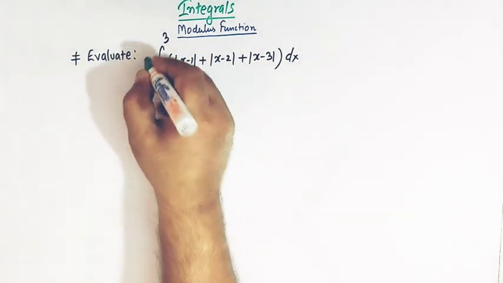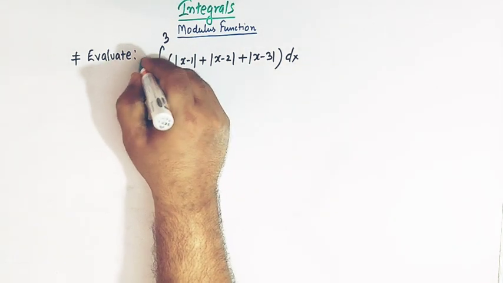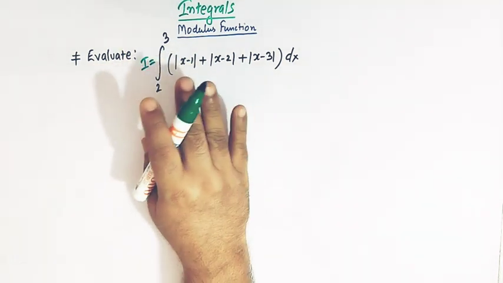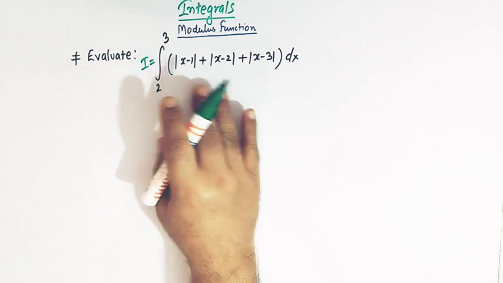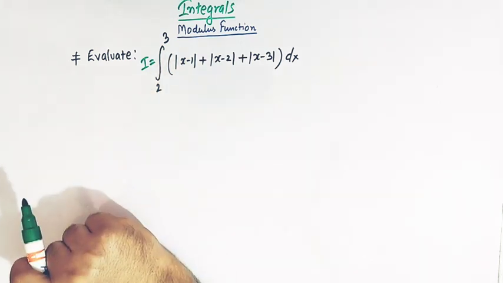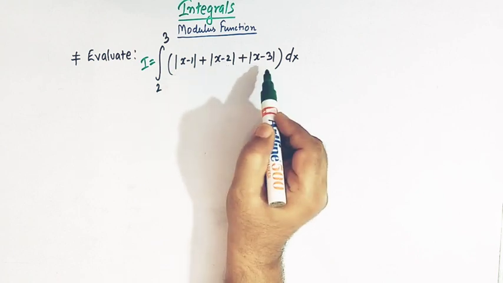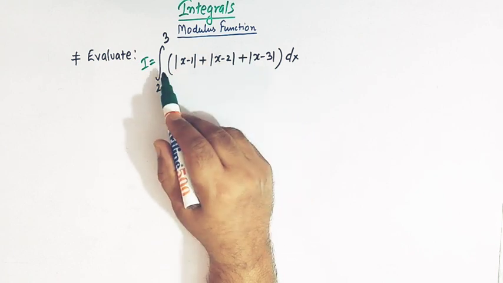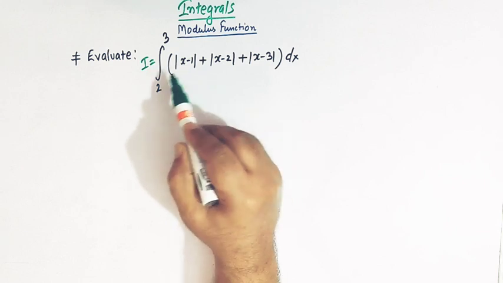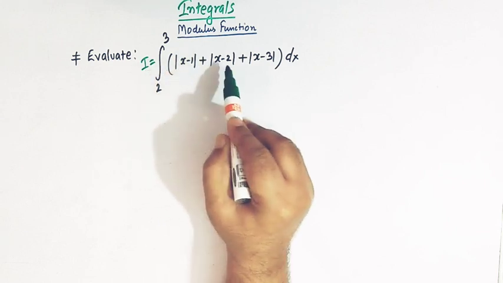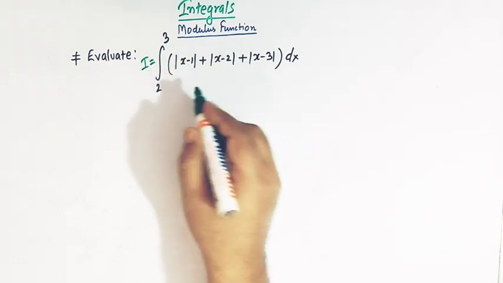So let us first call this integral as I, right? Now see, whenever we get these types of integrals where we have more than two mod functions, usually what we do is to get the sum of three integrals, right?